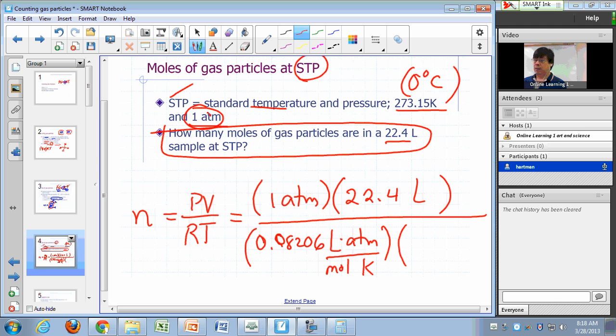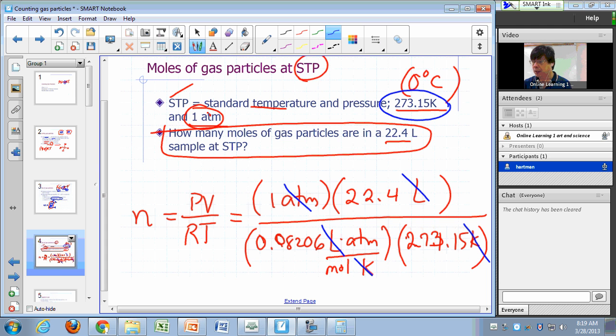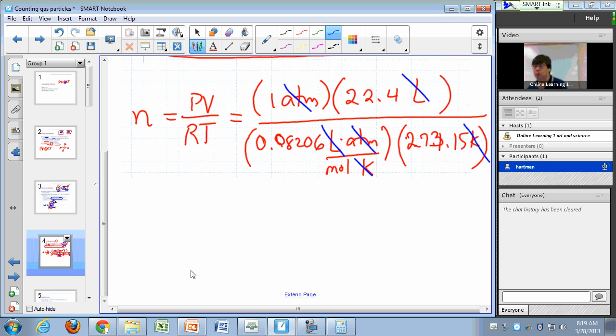And our temperature at STP is 273.15 Kelvin. That's an exact number, the definition of STP. So Kelvin cancels out, liter cancels out, atmosphere cancels out. You have 1 over mole in the denominator, so the final unit, when we do the calculation, will be moles.